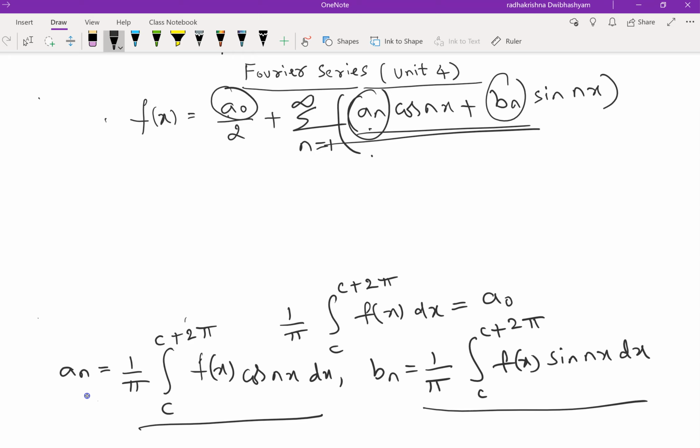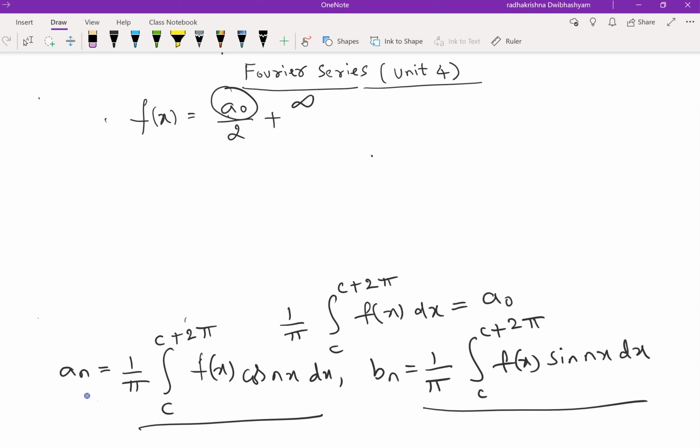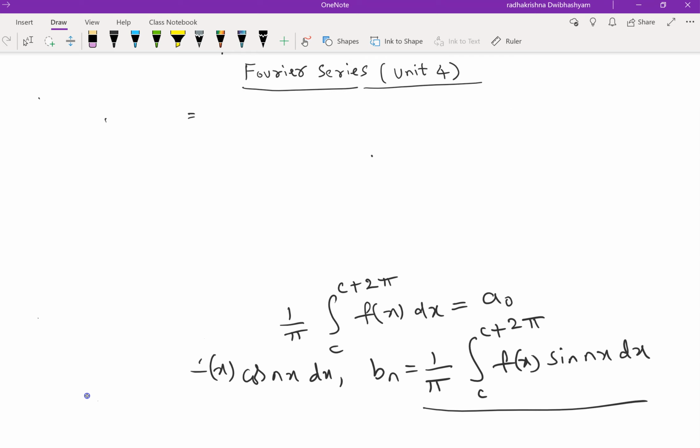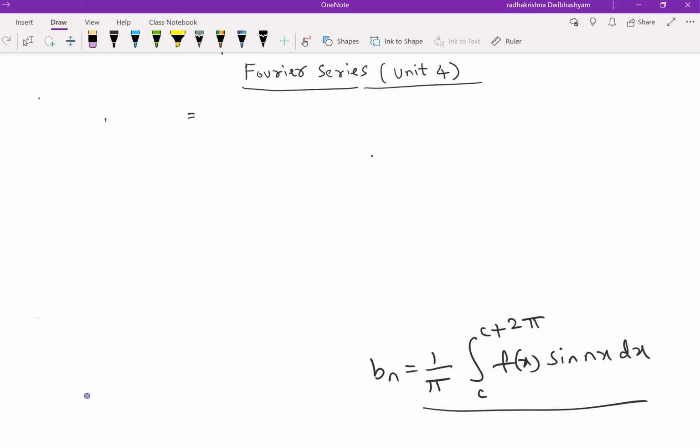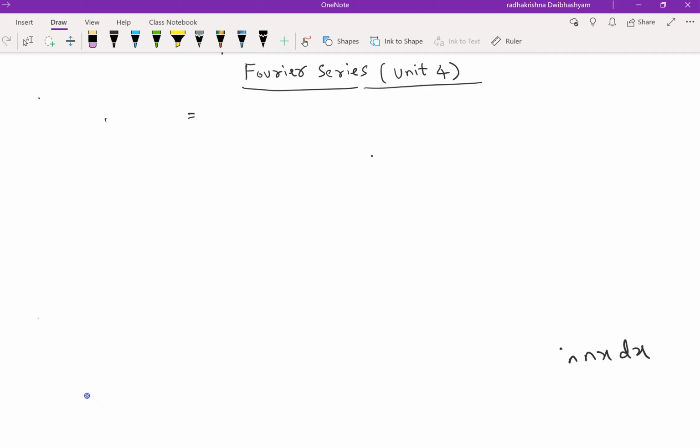Again in this Fourier series, write the values of a naught, an and bn to get the particular Fourier series for any given function. Now, here in our unit, there are some 4 to 5 concepts on Fourier series. That means expanding any function in the form of a Fourier series in different intervals.